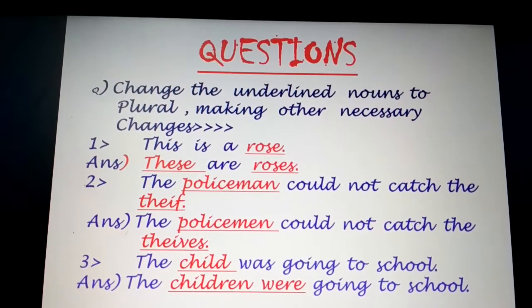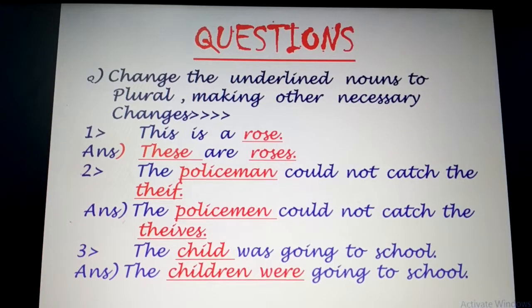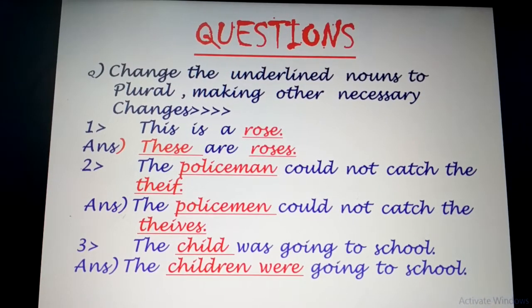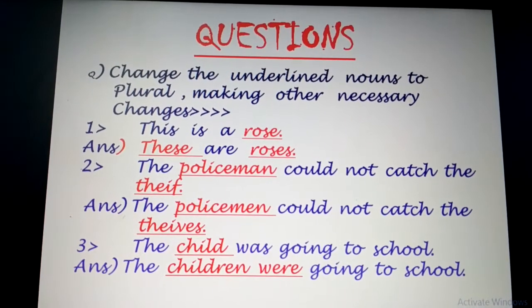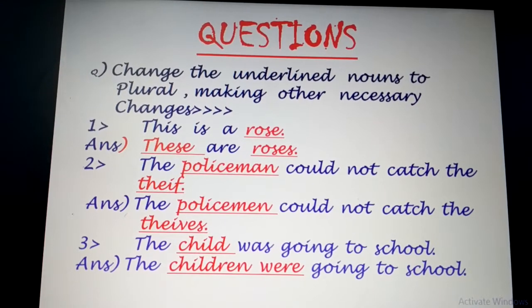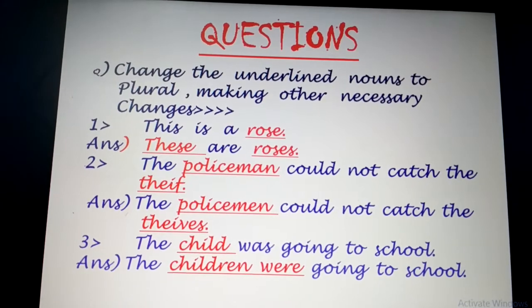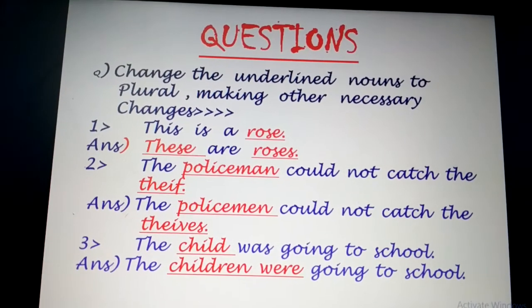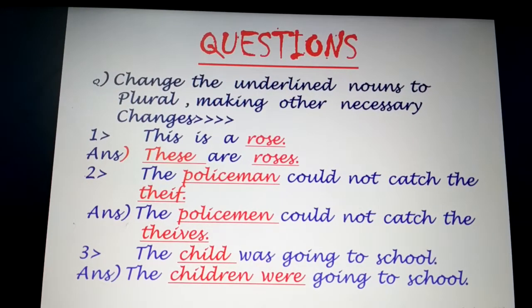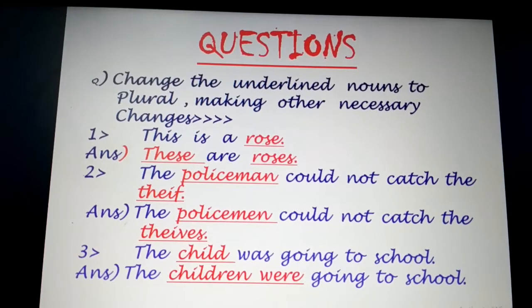You have a few questions to solve. Change the underlined nouns to plurals, making other necessary changes. The first example. This is a rose. These are roses. You can very clearly see that the word rose, very obviously, is a noun.